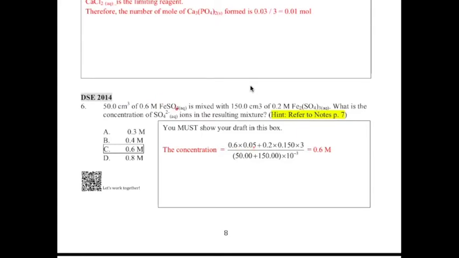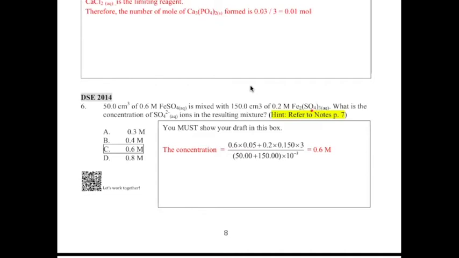And pay attention to the formula. Each iron 2 sulfate formula unit will only give you one sulfate ion, but that's not the case for iron 3 sulfate. You can see a subscript here, 3. That means for one formula unit, it will release 3 sulfate ions.